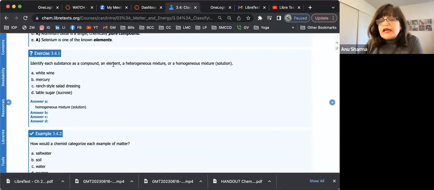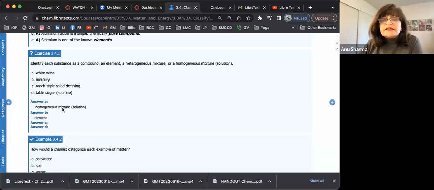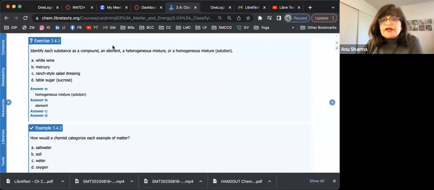The small particle of an element is the atom. So elements and atoms go together and they are found in the periodic table. Obviously, you're not going to find a dressing or table sugar or wine in the periodic table. You're only going to find information about the atoms of that element. And mercury is one of those elements, so it is found in the periodic table.